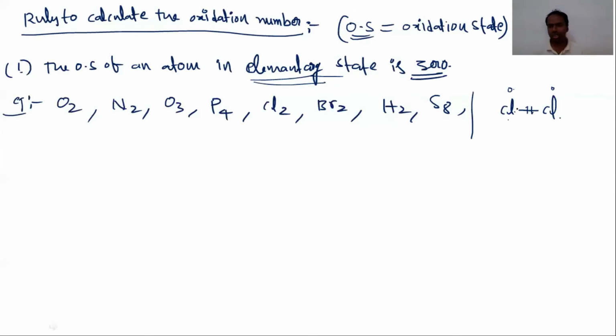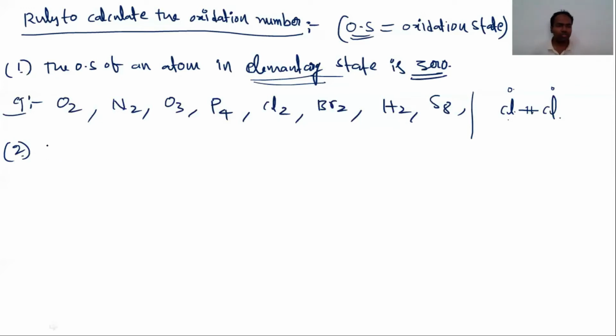The oxidation state of an atom in a molecule in elementary state is 0. There is no gaining or losing of electrons because both are similar atoms.